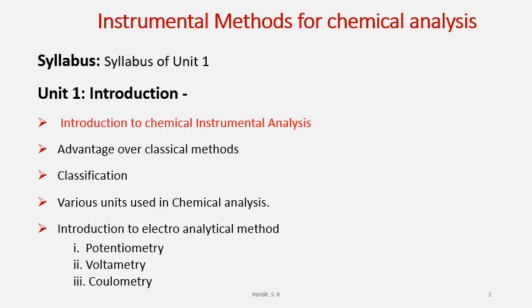This is the syllabus of Unit 1, Introduction to Chemical Instrumental Analysis. We will focus today on advantages, then classification, various units used, and in this Unit 1 we'll have various electroanalytical methods such as potentiometry, voltammetry, coulometry.